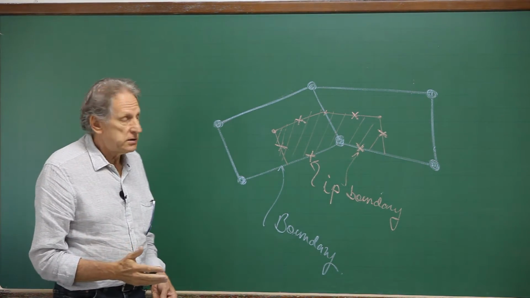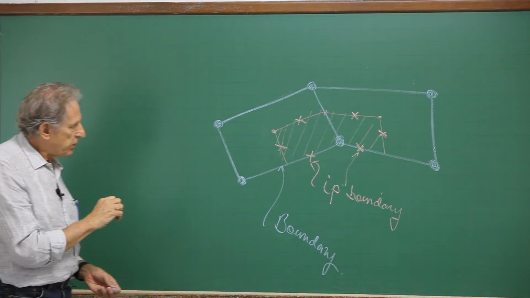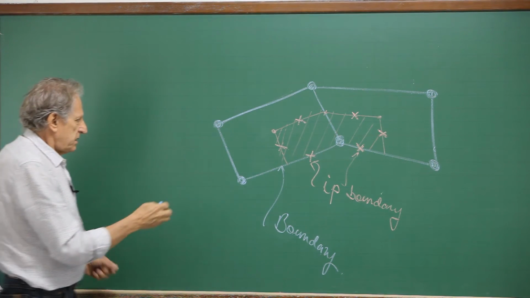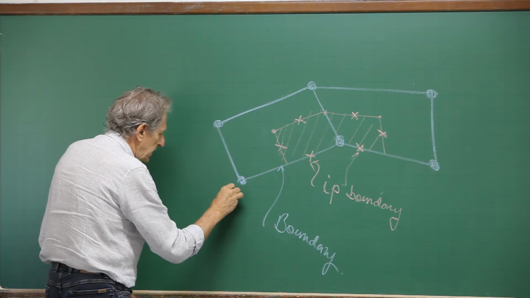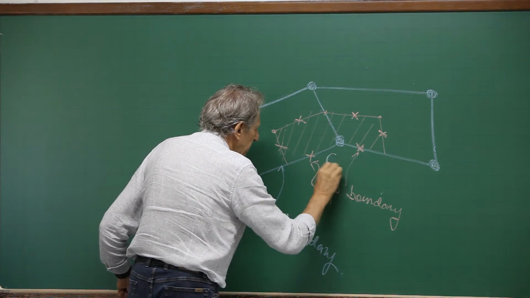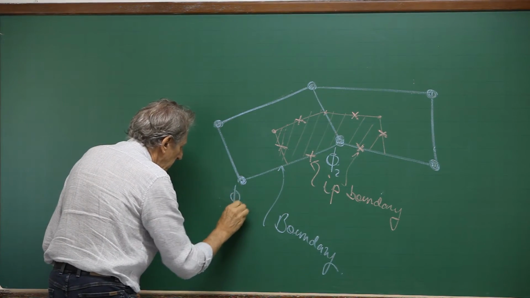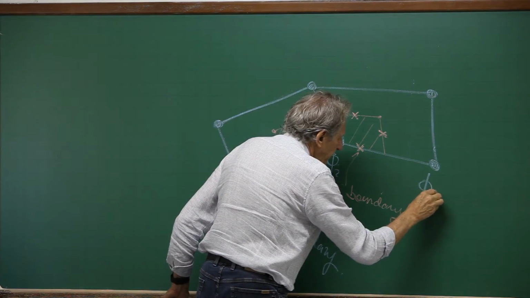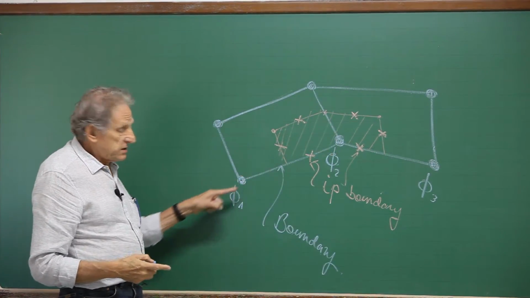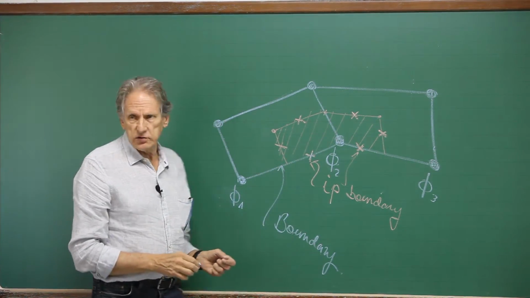So there is one way to do that, and let's keep in mind the hypothesis here that our unknown is temperature. Let's put phi: phi 2, phi 1, phi 3. Of course, if I have that specified, I know a value of phi here also.